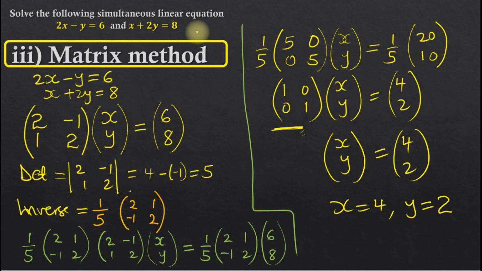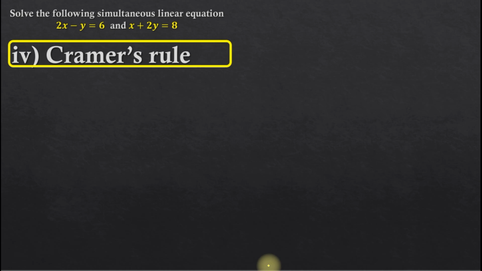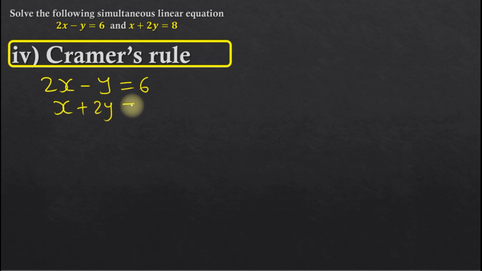We move on, we look at the other method, which is Cramer's rule. For Cramer's rule, similar to matrix, in this case I have 2x minus y is equal to 6, and the other one is x plus 2y is equal to 8. Now I need to get the determinant of the coefficient matrix.